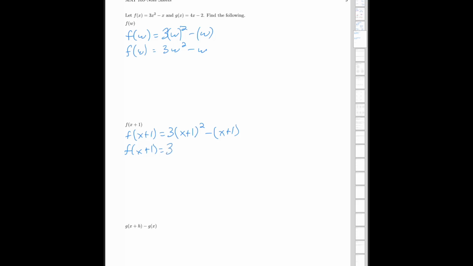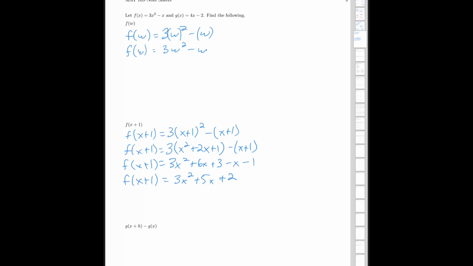So we can multiply out x plus 1 squared, which is x squared plus 2x plus 1. And now we can distribute to get rid of the parentheses. So 3x squared plus 6x plus 3 minus x minus 1. And then we can combine like terms to get 3x squared plus 5x plus 2.